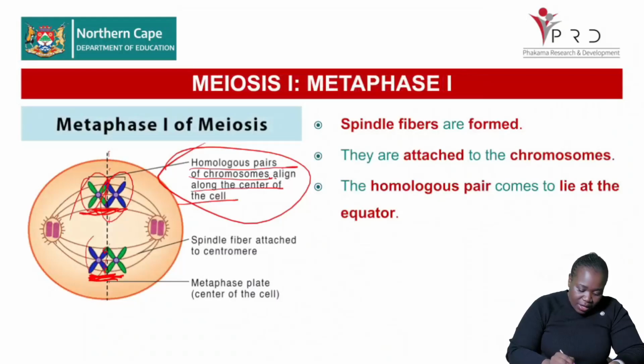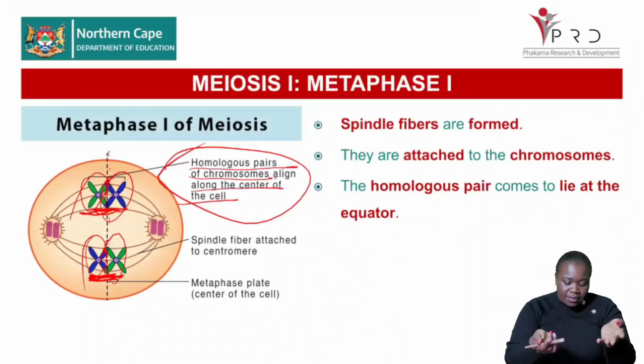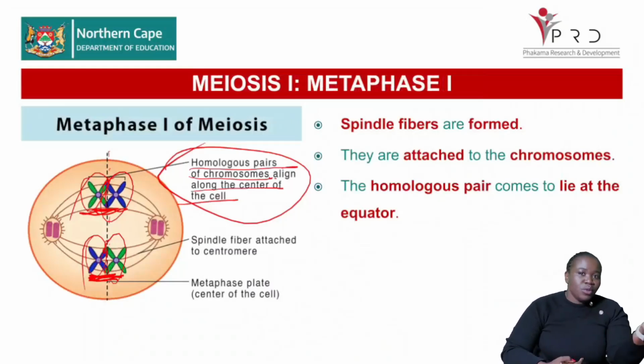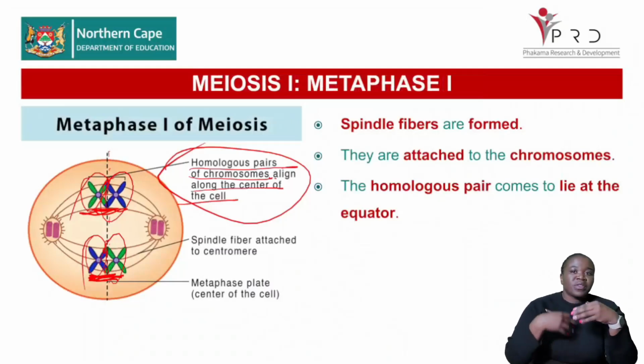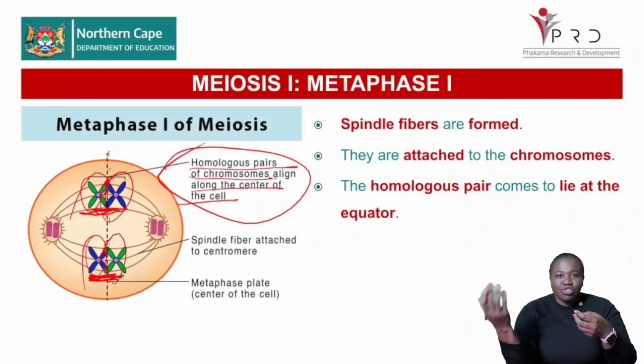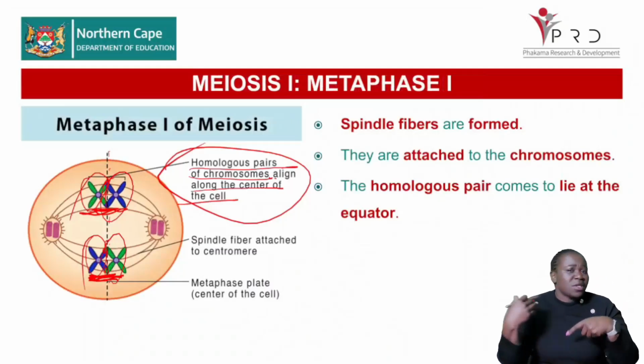And here we have the blue one on our left and the green one on our right. It doesn't mean this is how it's always going to be. Sometimes you're going to find a few blue ones on the left and a few green ones on the right, and vice versa. There isn't even a set number of how many of the maternal origin should be on which side and how many of the paternal origin should be on the other side. So they're just going to align there randomly.